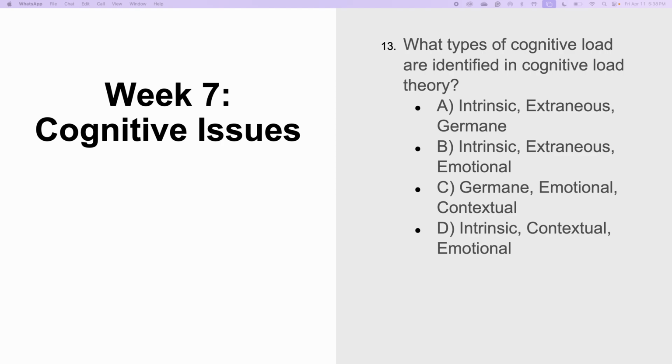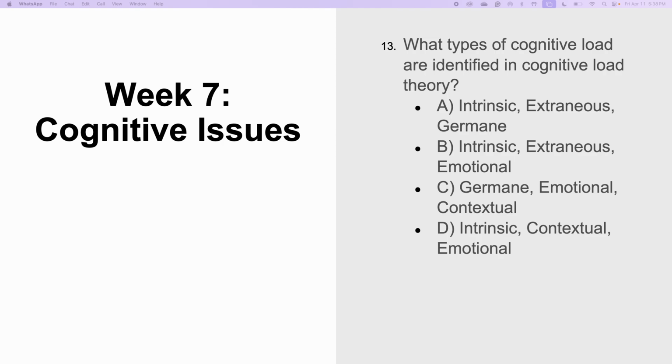Our next question is from week 7, cognitive issues. Again, I have picked two questions from week 7. As you can see on your screen, our first question is: what types of cognitive load are identified in cognitive load theory? Let me repeat the question.